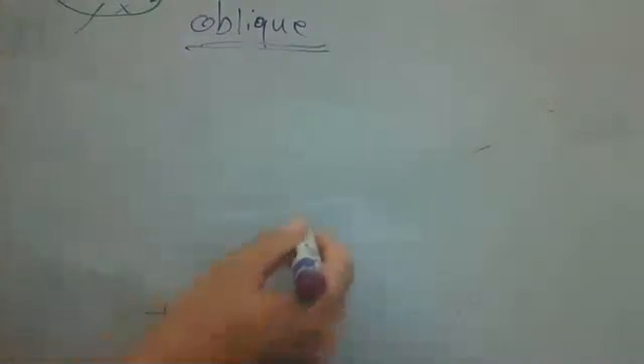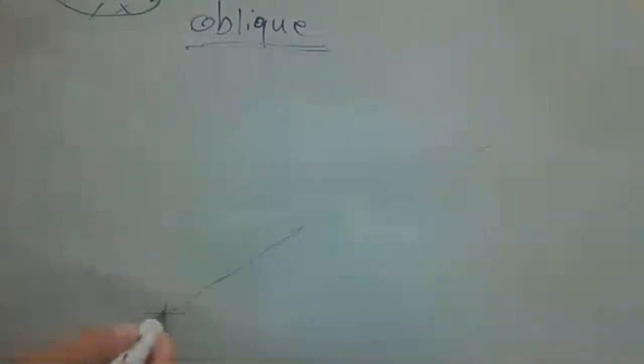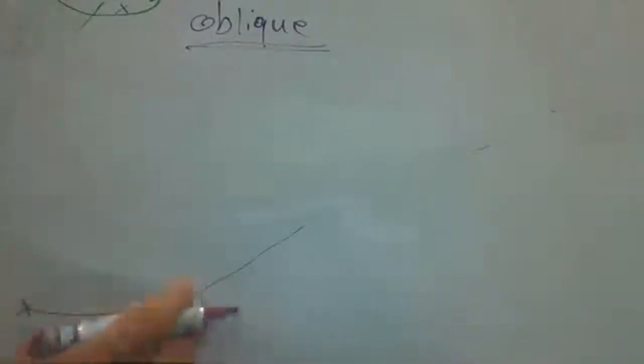Now, in the oblique technique, we can draw the width and the depth as we learned before. This is the depth and this is the width of the cylinder. How much are the width and the depth?